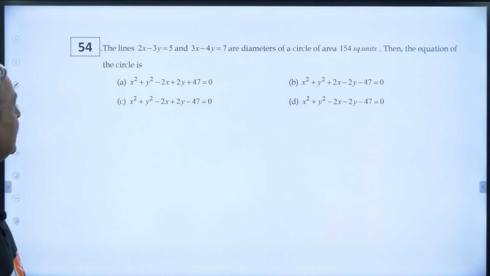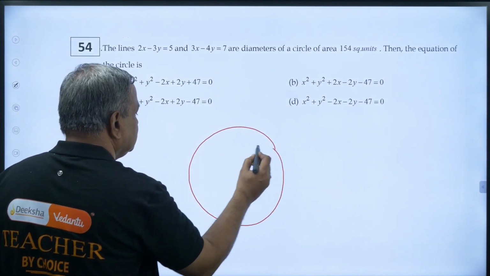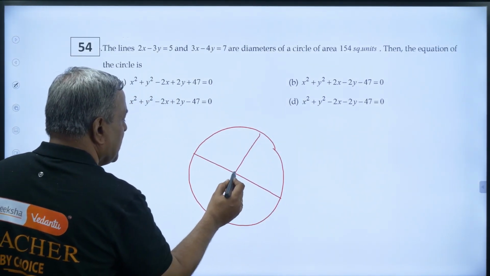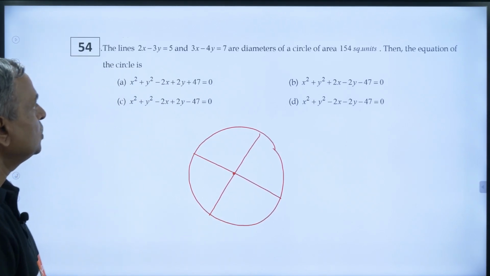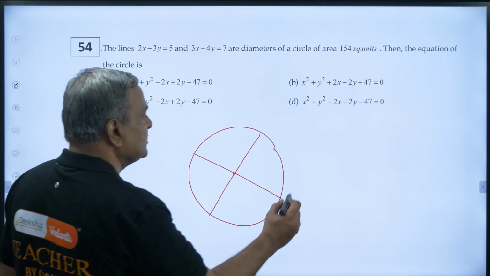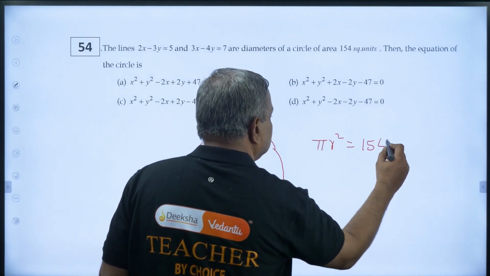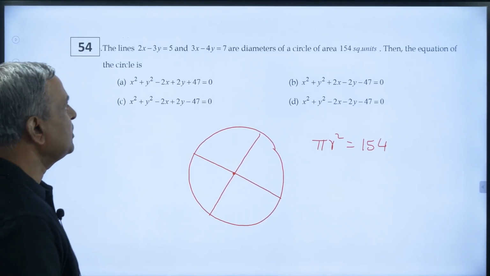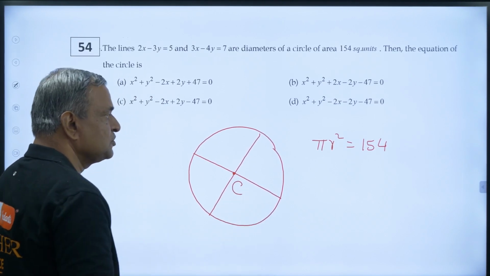54. The lines given are the diameters of a circle of area 154. This is a circle given. These are the 2 diameters. From the point of intersection of the diameters, you get the center. Area is given to you. What is area? Pi r square is equal to 154. From the diameters, you get the center.